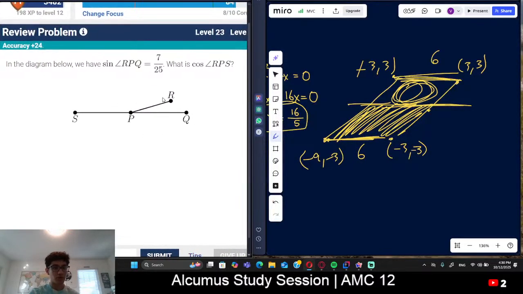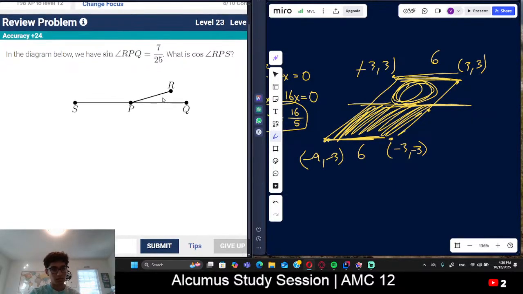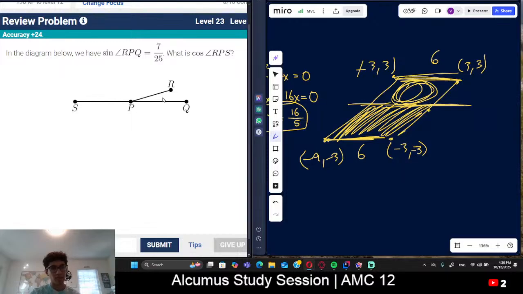Let's do one more just for fun. We have sine of RPQ equals 7/25. What is cosine of RPS? What? That'll be, so what is sine of, wait, what am I doing? This is just going to be the same thing.